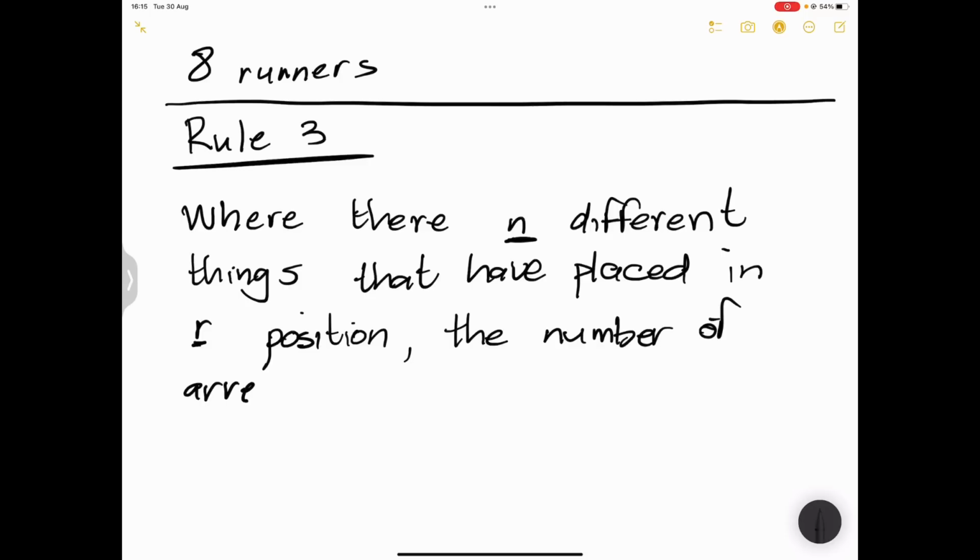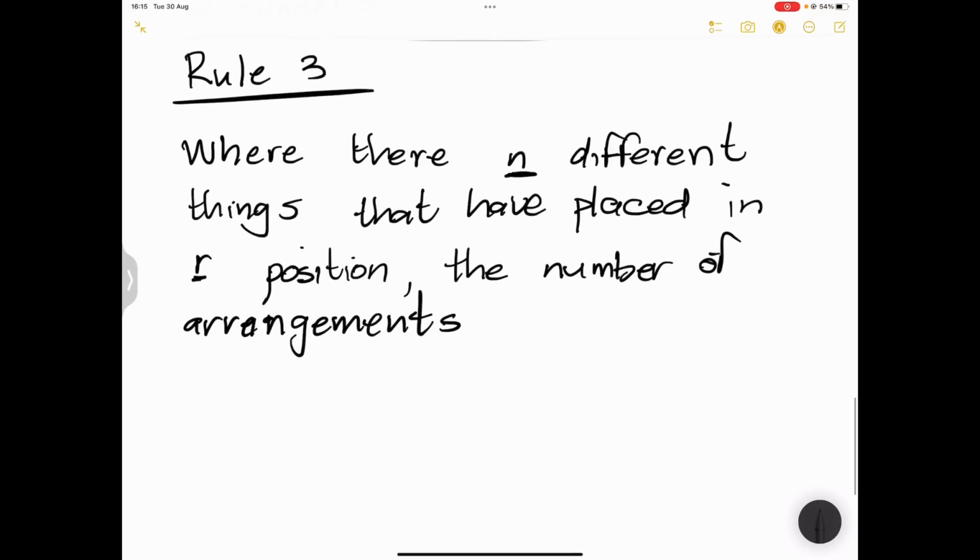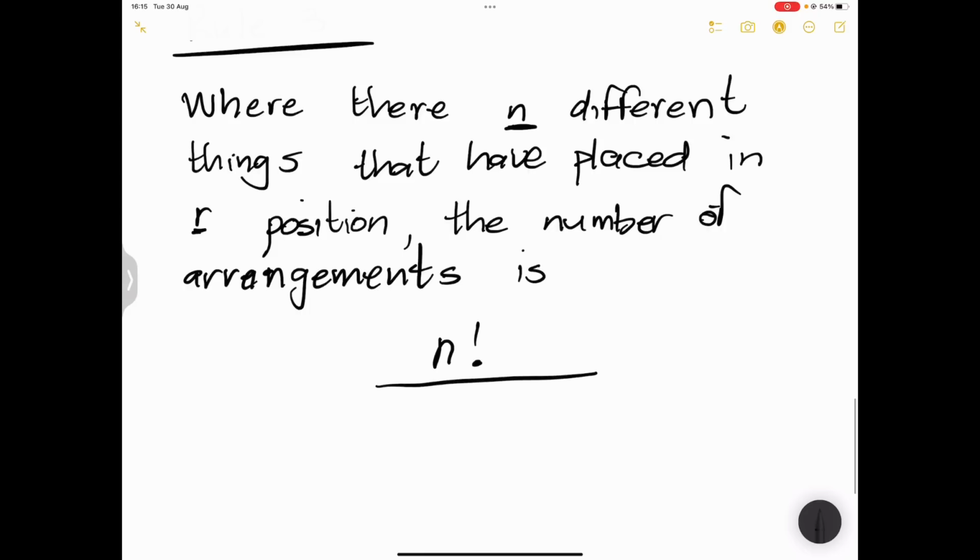The number of arrangements is n factorial divided by n minus r factorial.